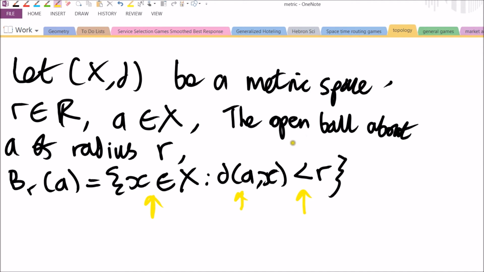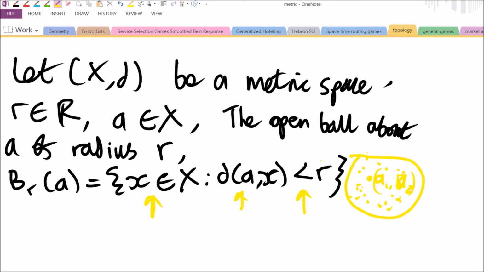So if we're talking about the Euclidean plane with the metric I was just discussing involving the square root, then if this is a point (a1, a2), then the ball around this point of some radius would look something like this, although it would probably be a bit more round.